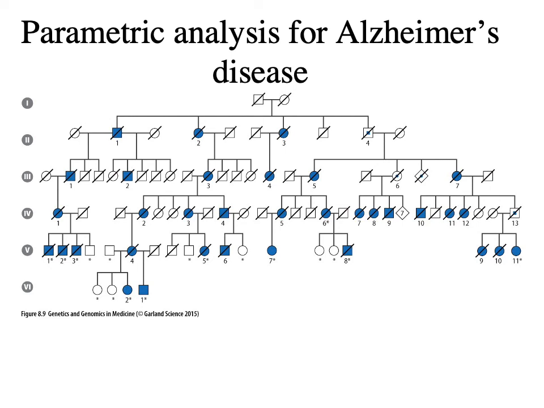Large pedigrees, such as the one shown in this figure, offered an early way to identify genes associated with a complex disease phenotype. In early onset Alzheimer's disease, as shown in this figure, these approaches identified 3 disease genes: the amyloid precursor protein APP, and 2 genes involved in the processing of the APP protein, which we will discuss later in this lecture.